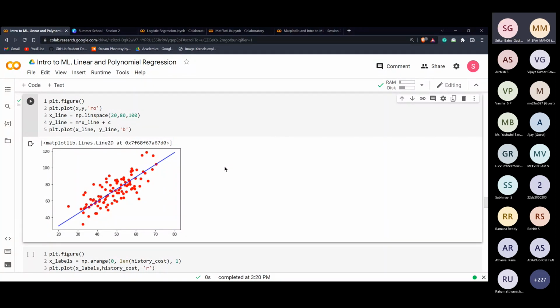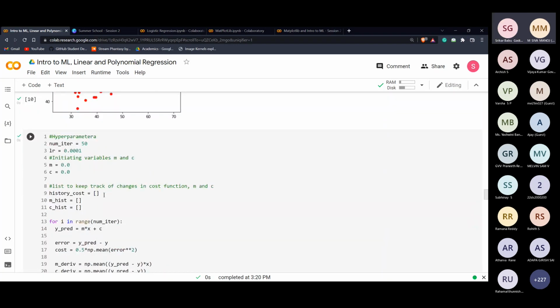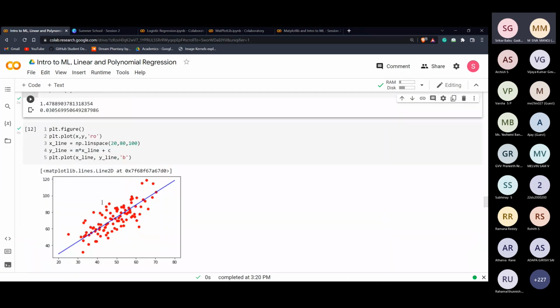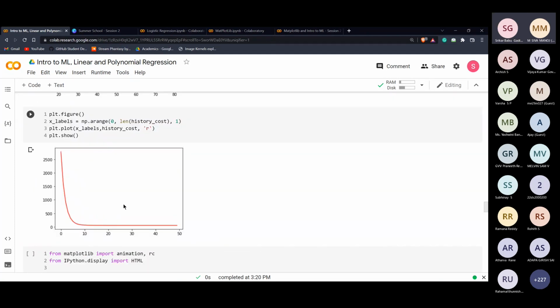Now, why I've chosen 50, I'll explain. Since I've taken this history underscore cost to be my list, it keeps track of my cost function, how it changes with respect to the number of iterations. When my iteration number hits around 15 or 20, my cost function is stabilizing.